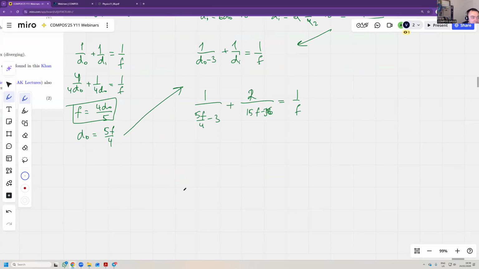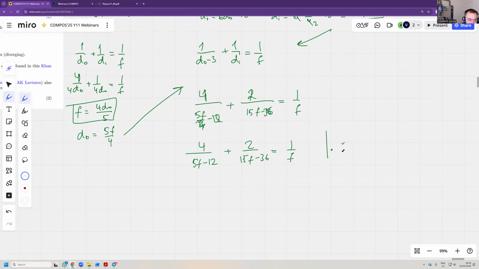And then hopefully get an answer. So let's try to simplify this. So this is 12 and this is 4. So 4 over 5f minus 12 plus 2 over 15f minus 36 equals 1 over f.